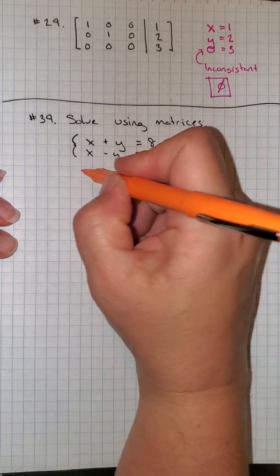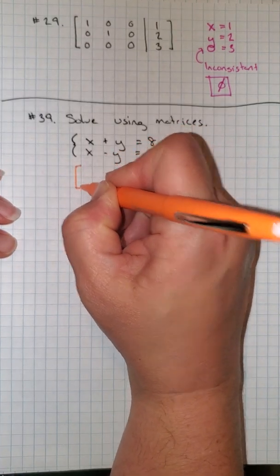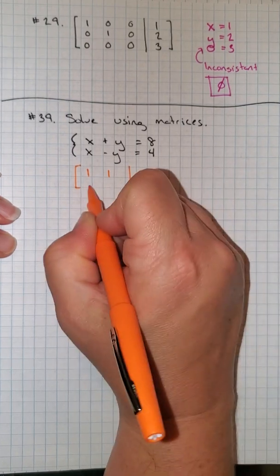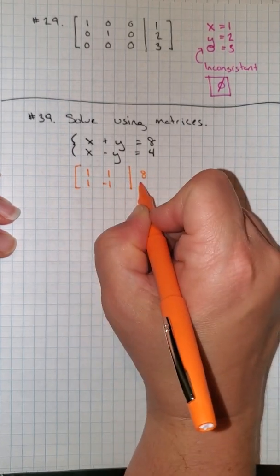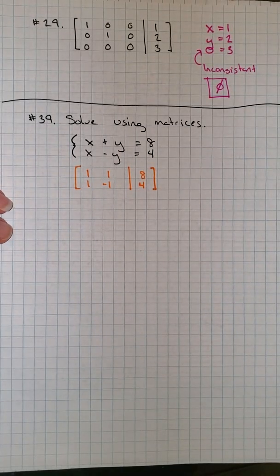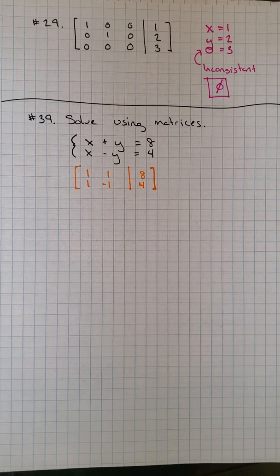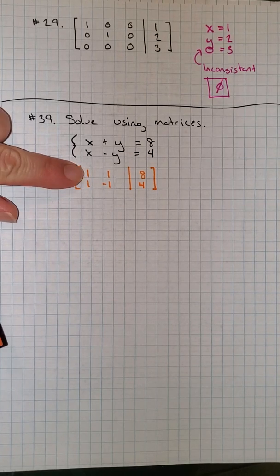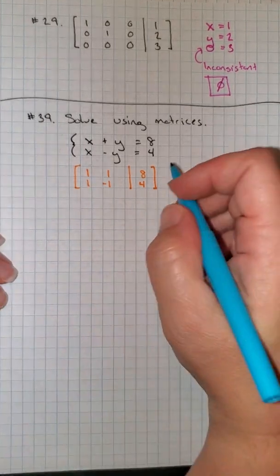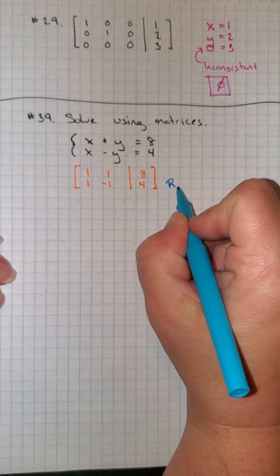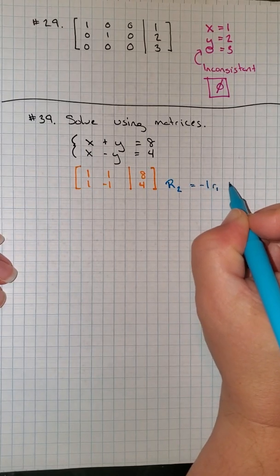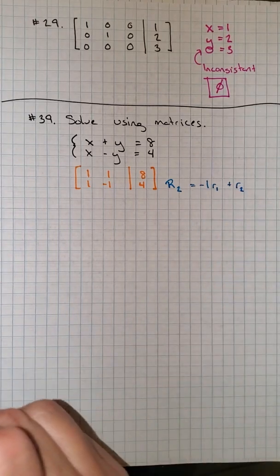All right, so first we need to put it into a matrix. So 1, 1, 8, and then 1, -1, 4. Okay, so we want reduced row echelon form. We have a 1 in our upper left, so we're good there. That's where you would start. But we need this to be a 0. So my new row 2 will be to do -1 times my old row 1 and add it to my old row 2.